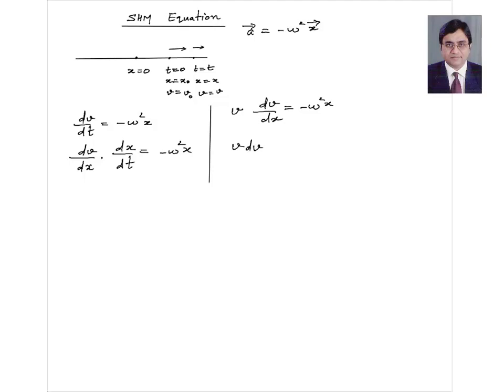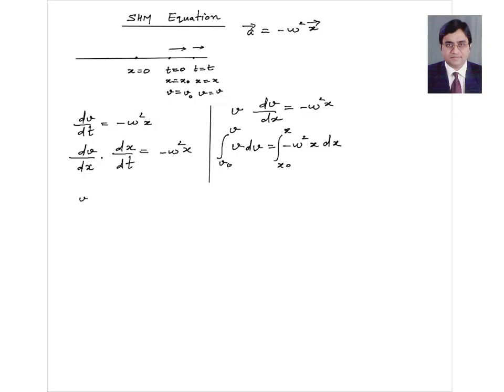Separating variables is very easy now. Done. Integration should be very easy also. Now I want to put the limits of integration. So when we pressed the stopwatch, x was x0, v was v0 at that instant. When the stopwatch was reading t seconds, x was x, v was v.